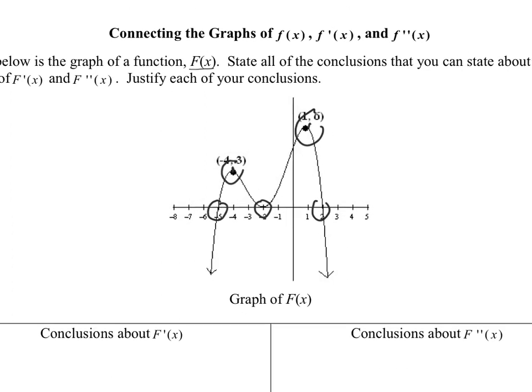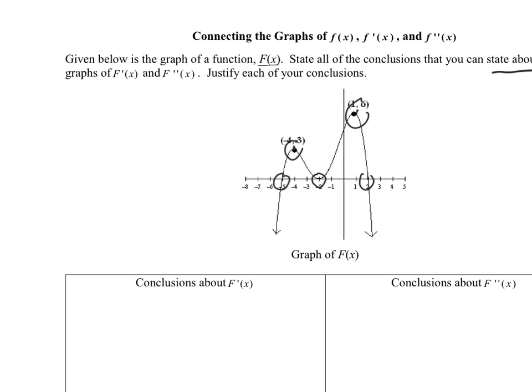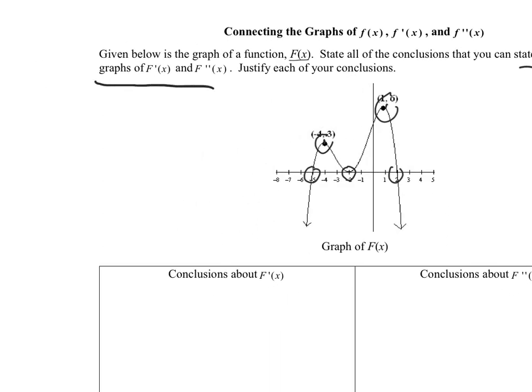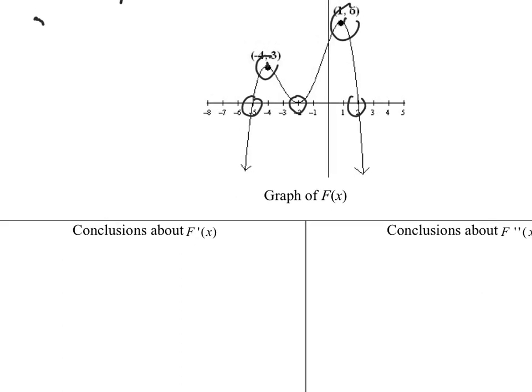State all the conclusions you can state about, and pay attention to what he wants, the graphs of the first derivative and the second derivative, and justify. So looking at this picture, what can we say about F prime?